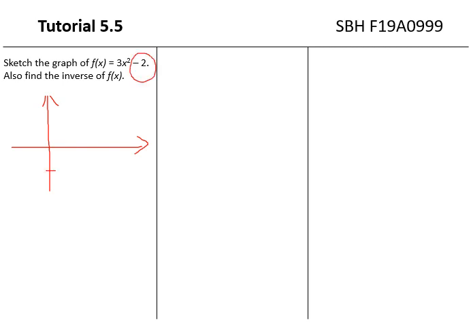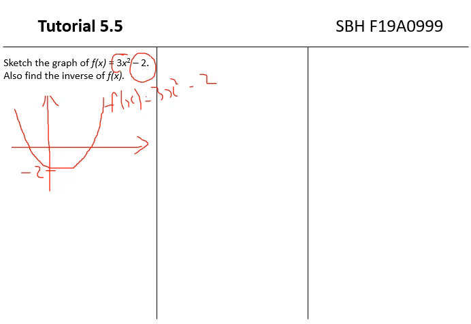It is minus 2, so we can roughly draw the graph here. Because x squared comes with a positive value, we are expecting a smiling curve. This is f(x) equals x squared minus 2.